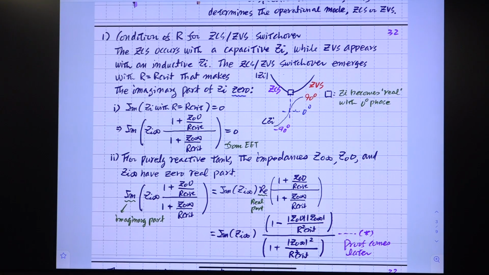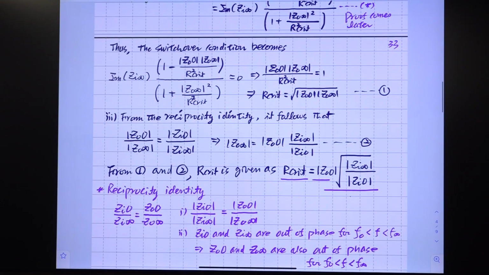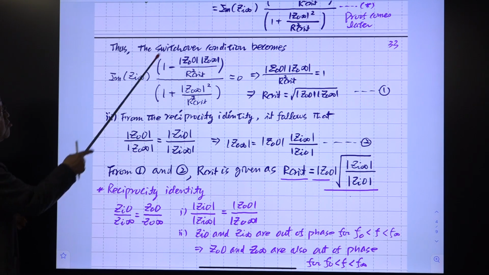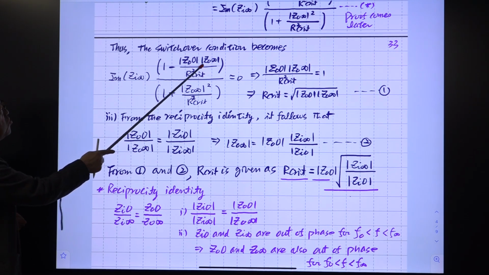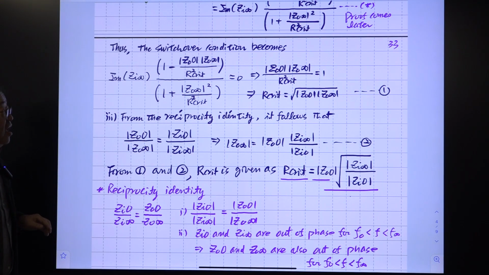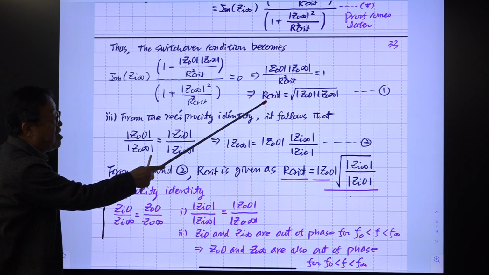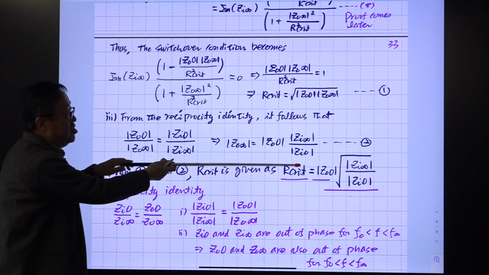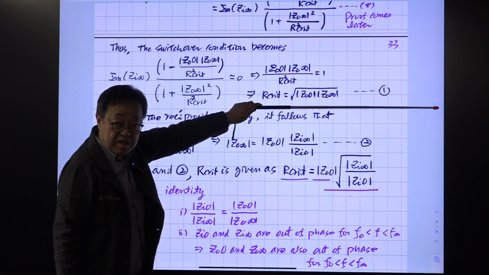So the switchover condition is that this one becomes 0. Just forget about all of this and take a look at this. To make this term 0, this should be 1. Then you are trying to find this R critical. So this is the expression for the R critical.